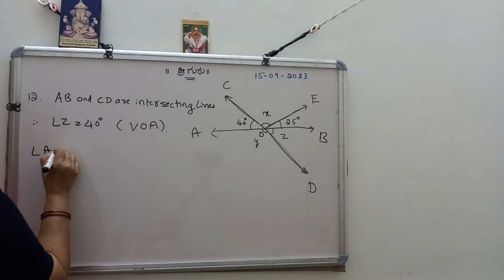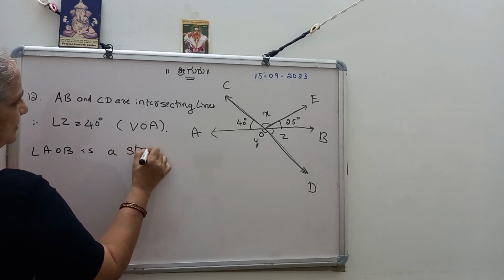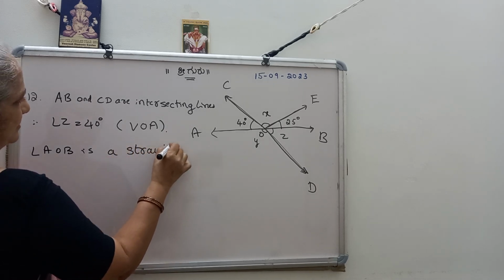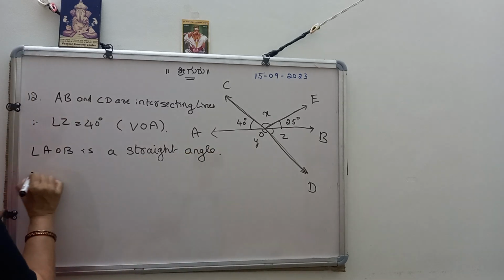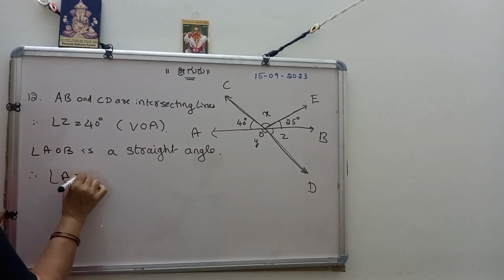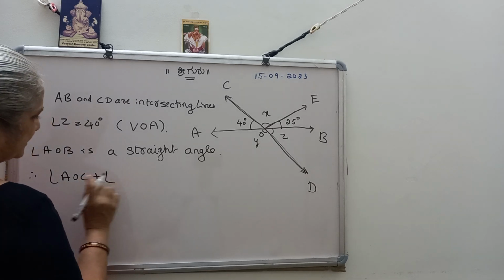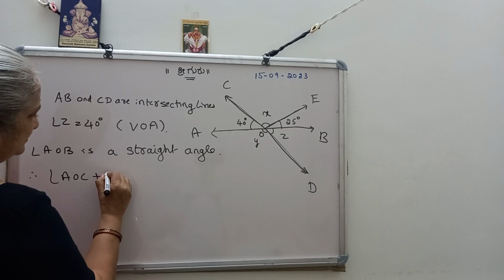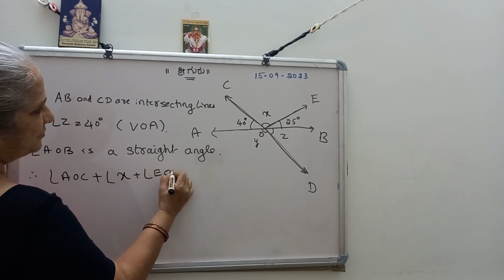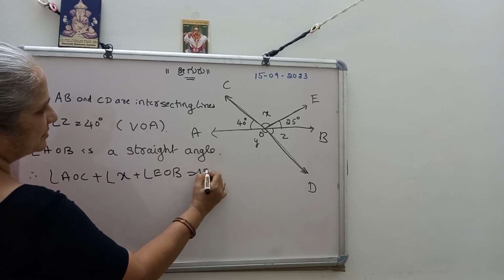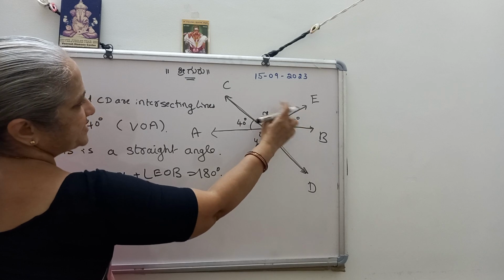Angle AOB is a straight angle. Therefore, angle AOC plus angle X plus angle EOB is equal to 180 degrees, because these three angles are adjacent to each other.